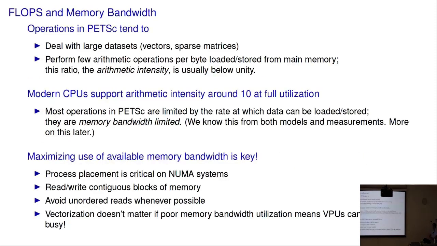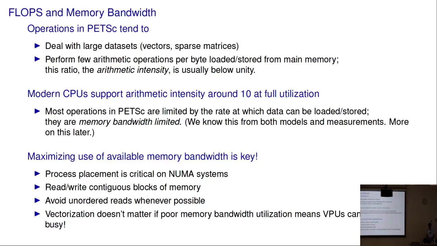So it really comes down to, in the world that we live in with PETSc, flops and memory bandwidth. The operations in PETSc tend to deal with pretty large data sets, and they don't perform very many arithmetic operations per byte that's loaded or stored from main memory. So this arithmetic intensity is usually below 1.